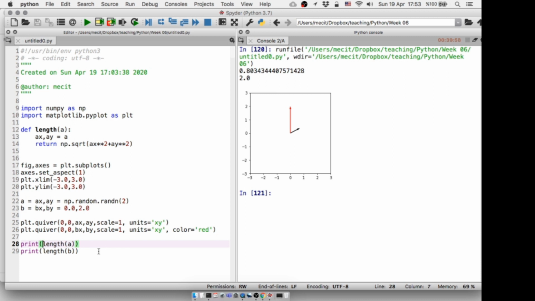and put, so length of vector A is, so I can format it here.